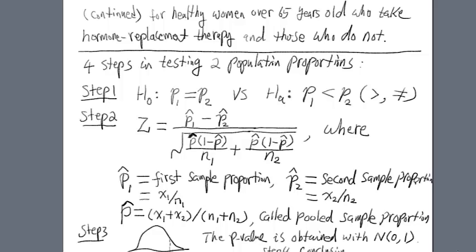If HA takes the form that P1 is less than P2, the p-value will be the left area to the value of Z. If HA takes the form that P1 is greater than P2, then the p-value is the right tail area. If HA takes the form that P1 is not equal to P2, the p-value will be twice the smaller region as before. All right, now we can talk about our example.